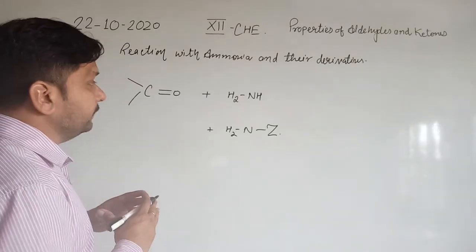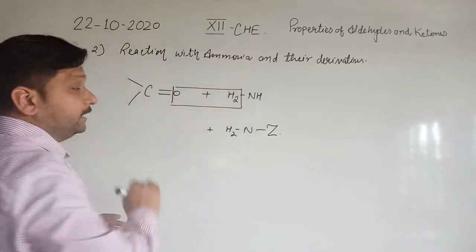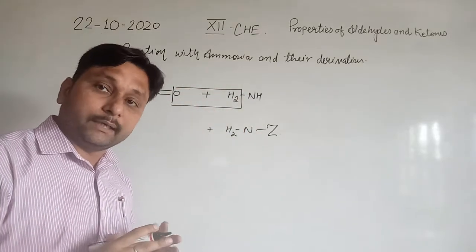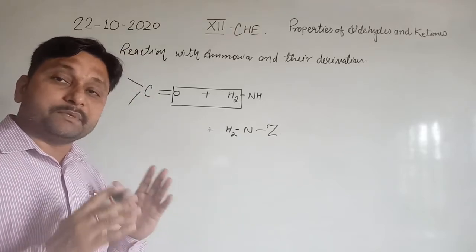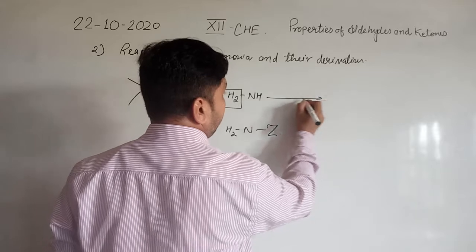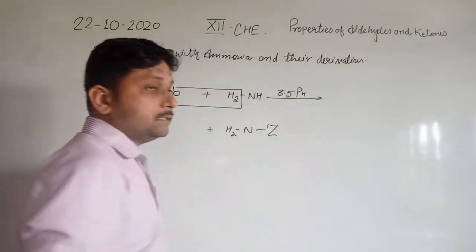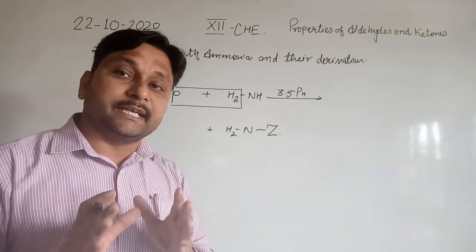So what will happen here? This oxygen and hydrogen will be eliminated in the form of water. This reaction is carried out at a pH of 3.5, meaning a weakly acidic medium.